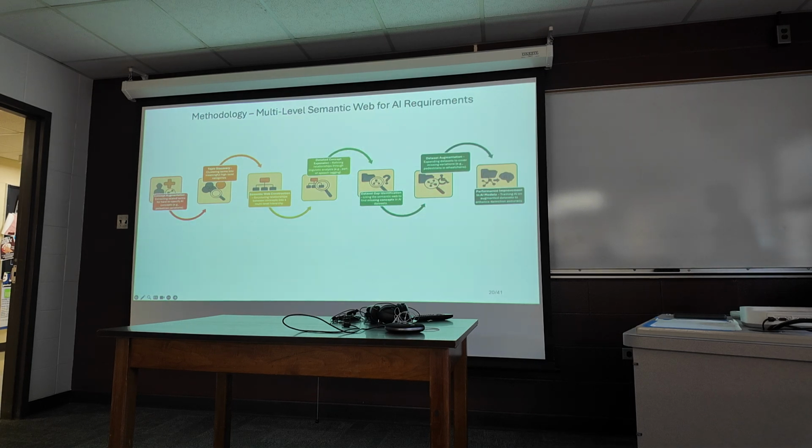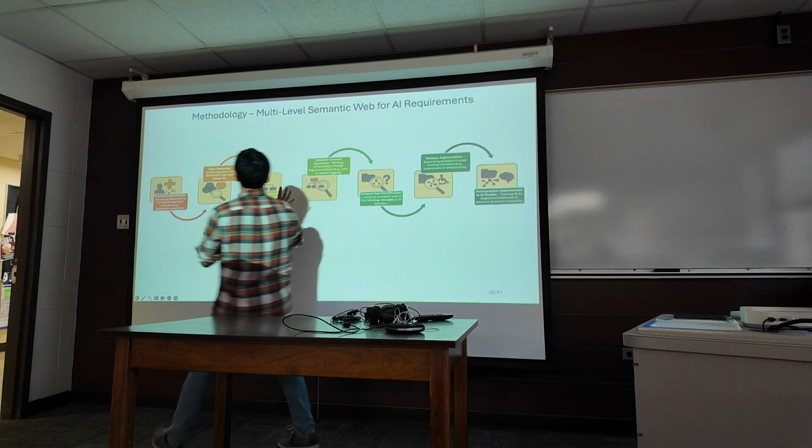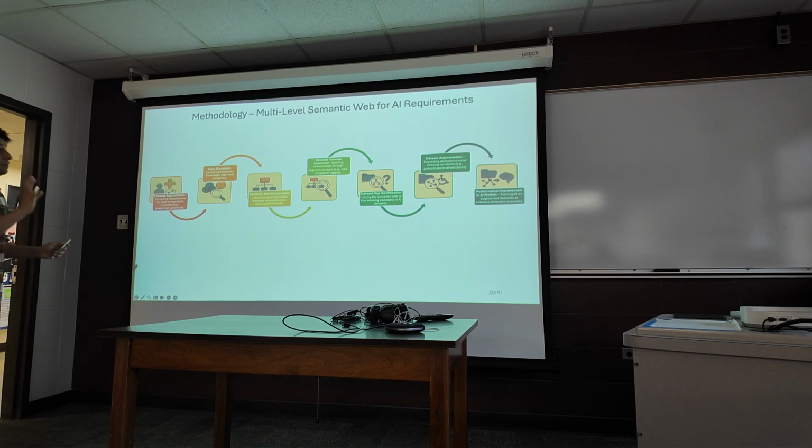So here you can see we start by trying to shape a multi-level semantic web for AI requirements. We start with concept augmentation, extracting related terms for a hard-to-specify AI concept, for example, pedestrian.